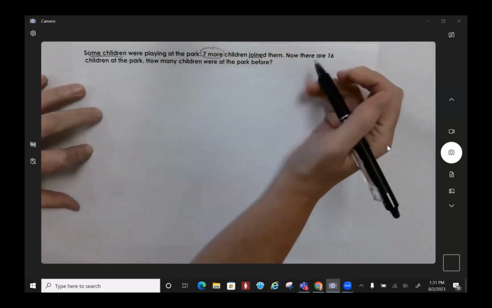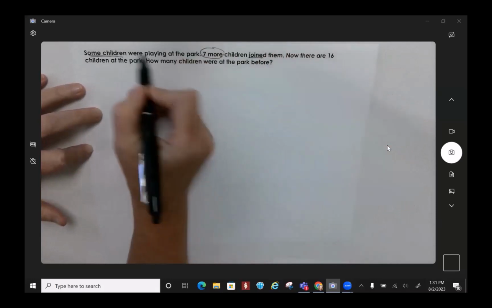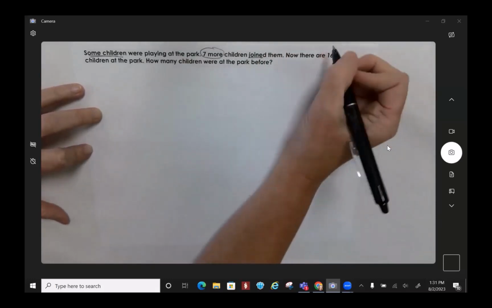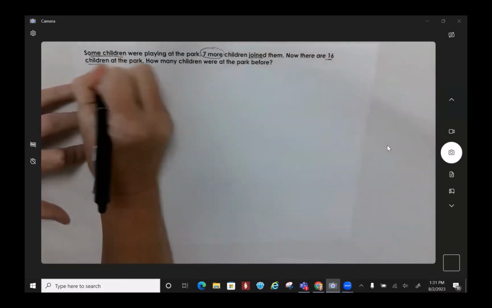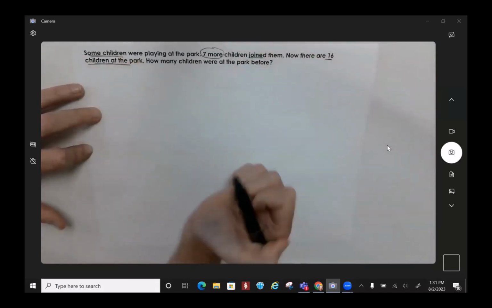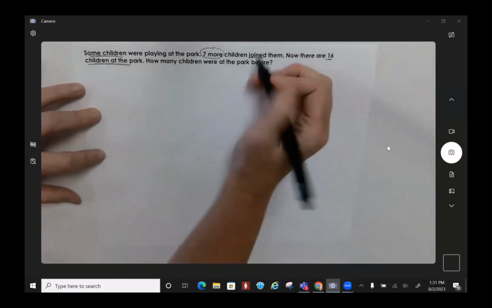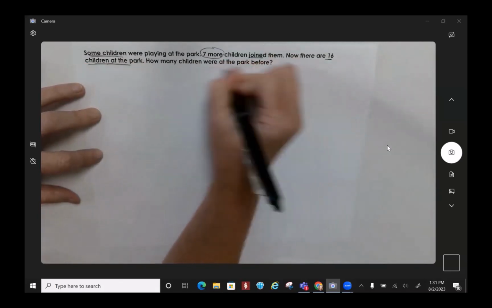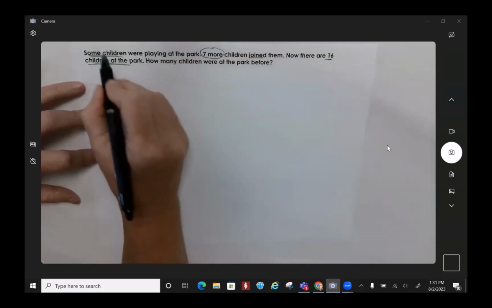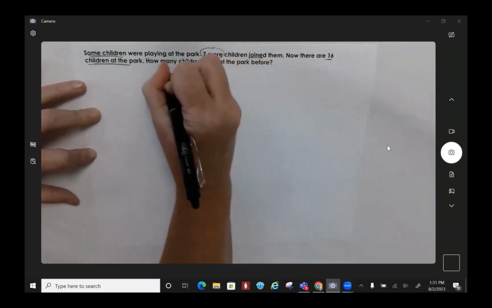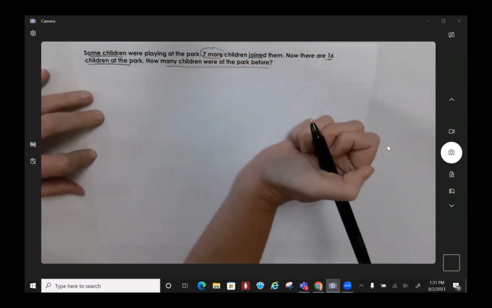And now there are 16 total. So that means I started with some kids, 7 more joined them, and there are 16 children total at the park. And I want to know how many children were at the park before. So that means, how many children did we start with at the park? Well, that's what we're looking for.